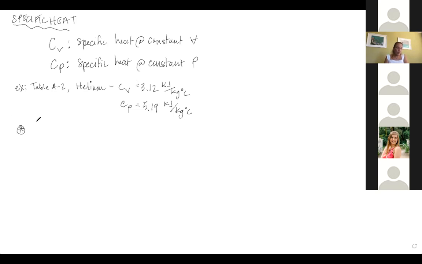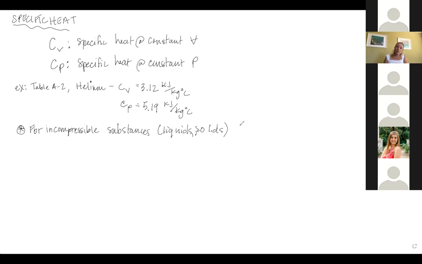As a note, for incompressible substances, which are liquids and solids, gases are considered to be compressible, while liquids and solids are considered to be incompressible.